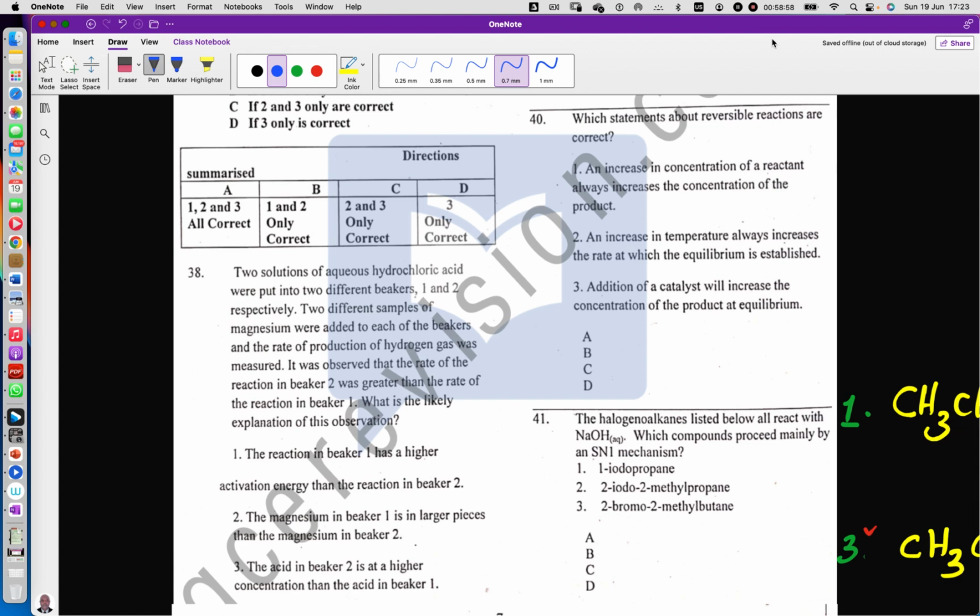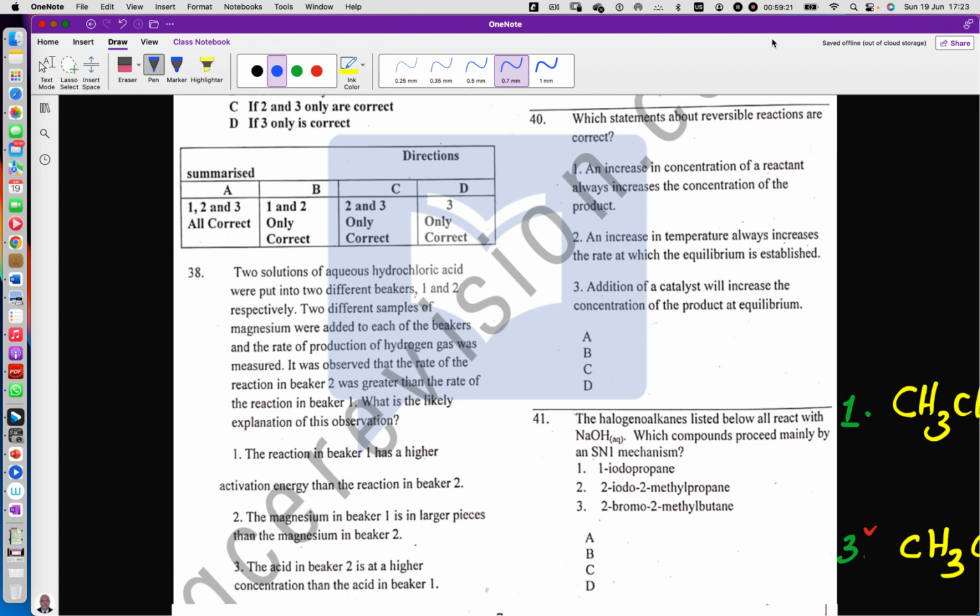It was observed that the rate of reaction in beaker 2 was greater than the rate of reaction in beaker 1. What is the likely explanation of this observation? Of course, it was dilute hydrochloric acid in the 2 beakers.